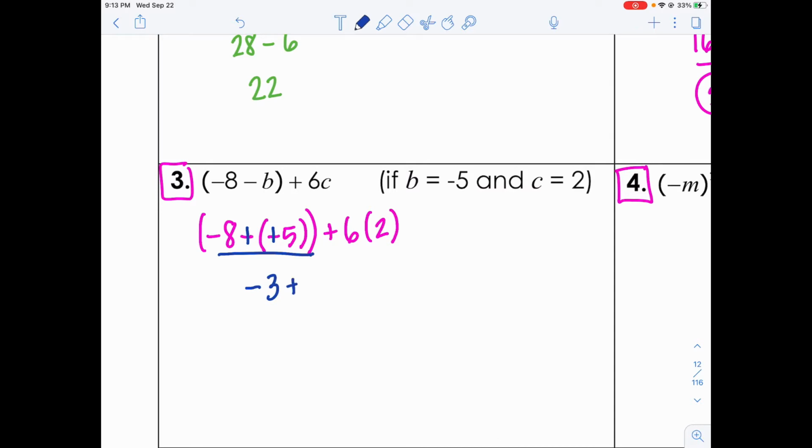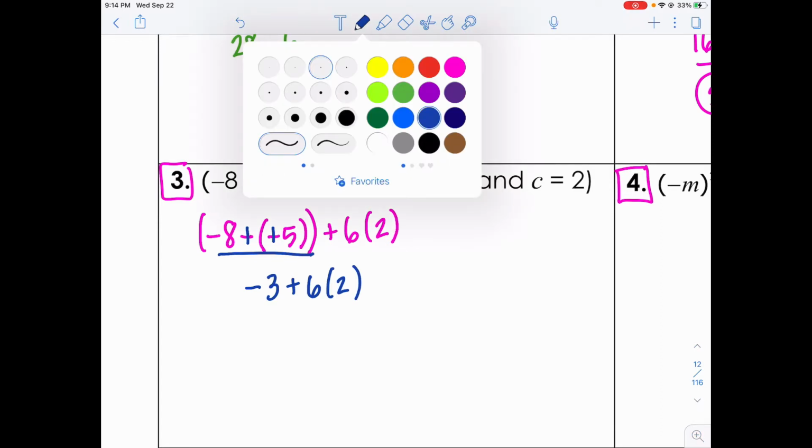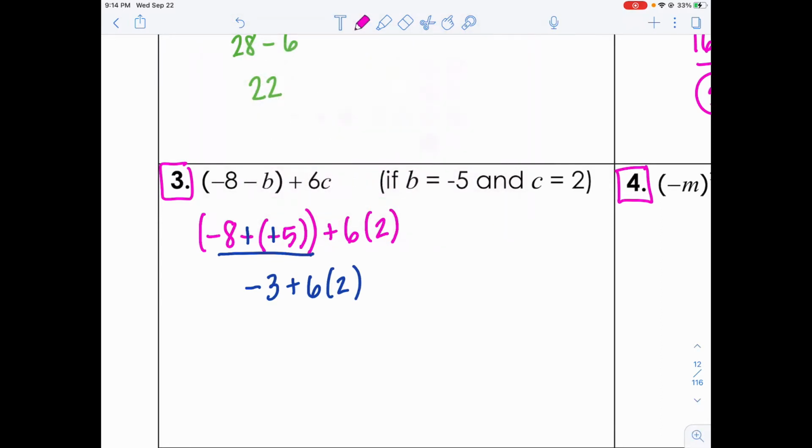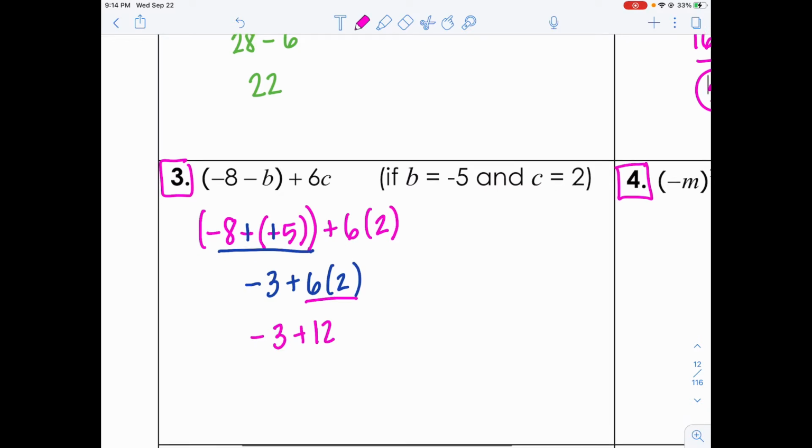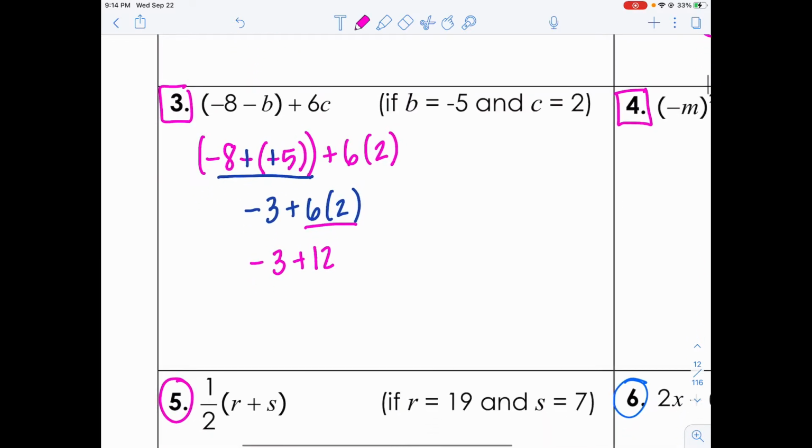And I'm going to bring down everything I haven't used yet. Continuing with order of operations. 6 times 2. 6 times 2 is 12. Bringing down what I haven't used. So now I have a negative 3 plus 12. A negative 3 plus 12 gives me a positive 9.